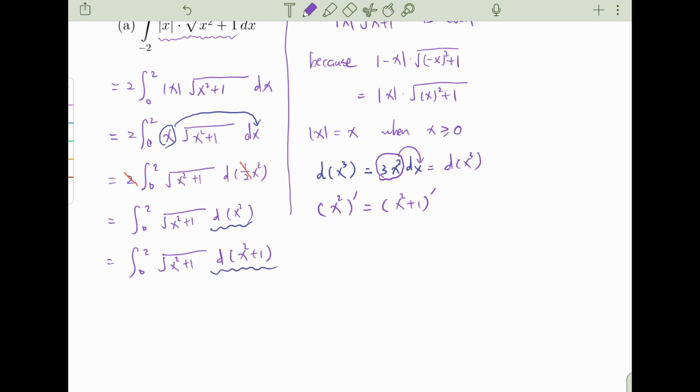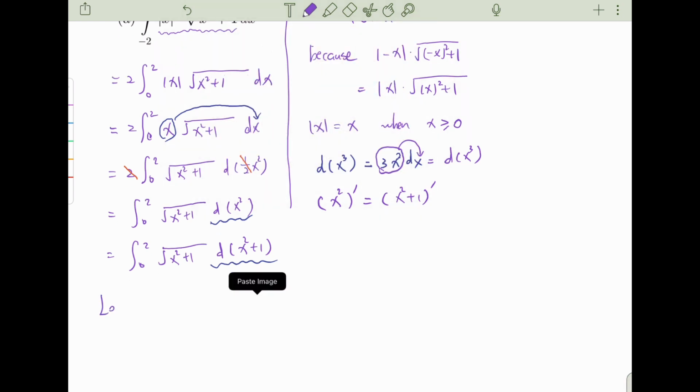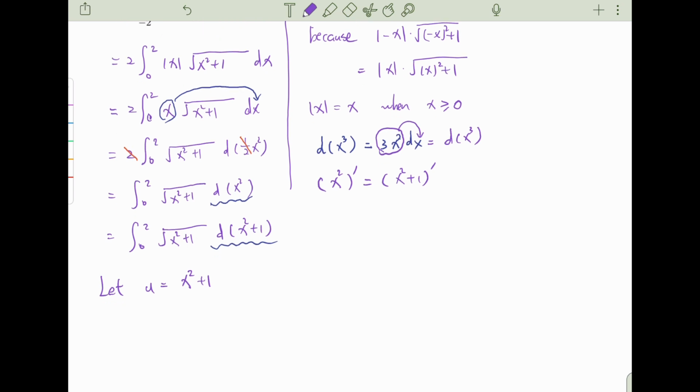Now, I can let u equal x squared plus 1, since the thing inside my differential sign is the same as the expression inside the square root, right?